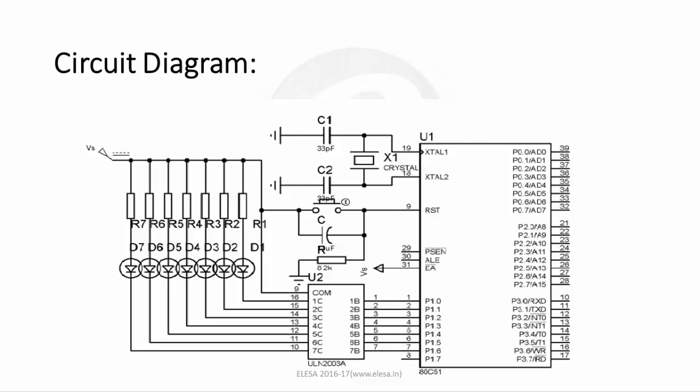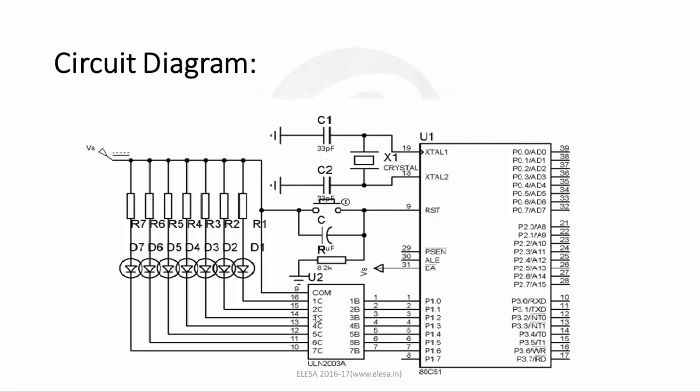We have used only port 1 of the 8051 microcontroller, to which ULN2003A is attached. ULN2003A is an array of 7 NPN Darlington transistors capable of 500 milliamps and 50 volt output.